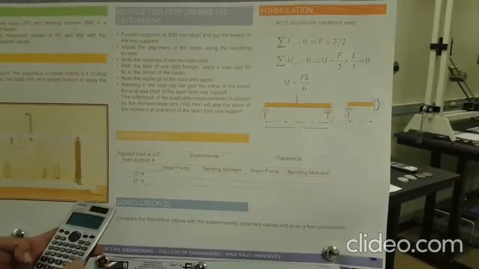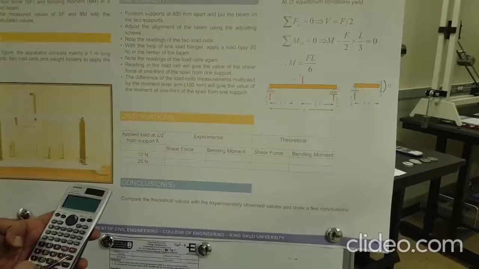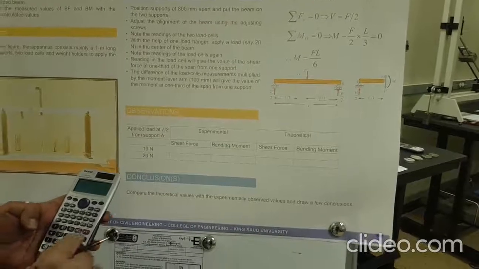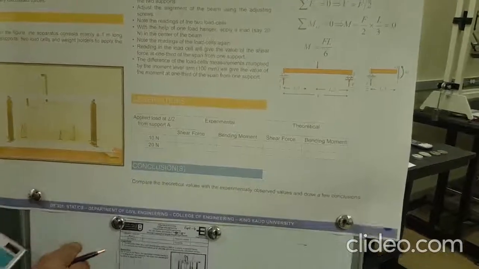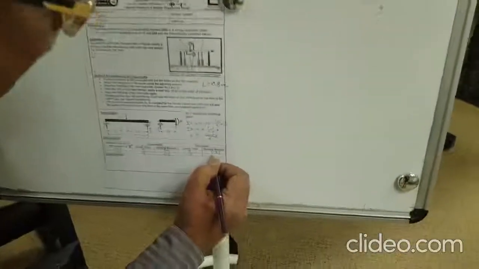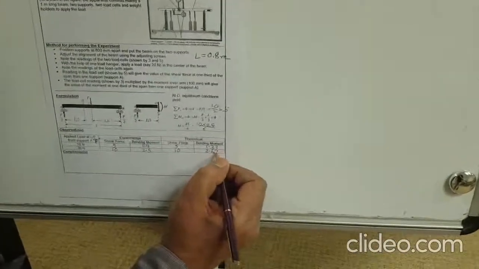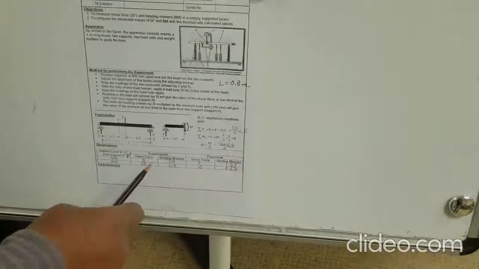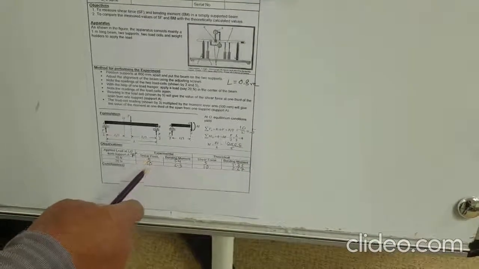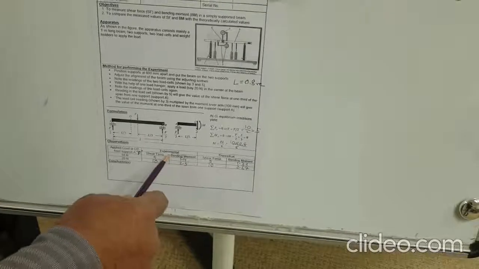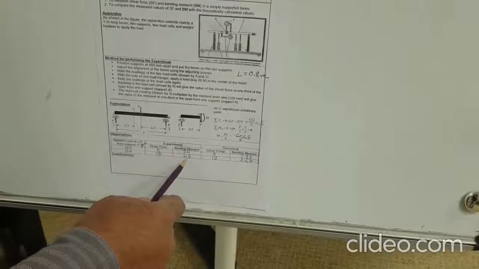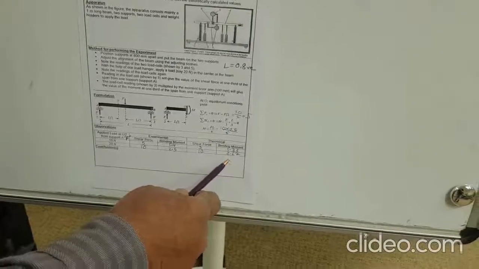We have F as 20 now. 20 multiplied by 0.8, that's our length, divided by 6. It is going to be 2.67. Now see here, guys, experimentally we got the shear force as 10 and theoretically also the same. That's fine. And then experimentally the bending moment is 2.5 and theoretically it is 2.67.